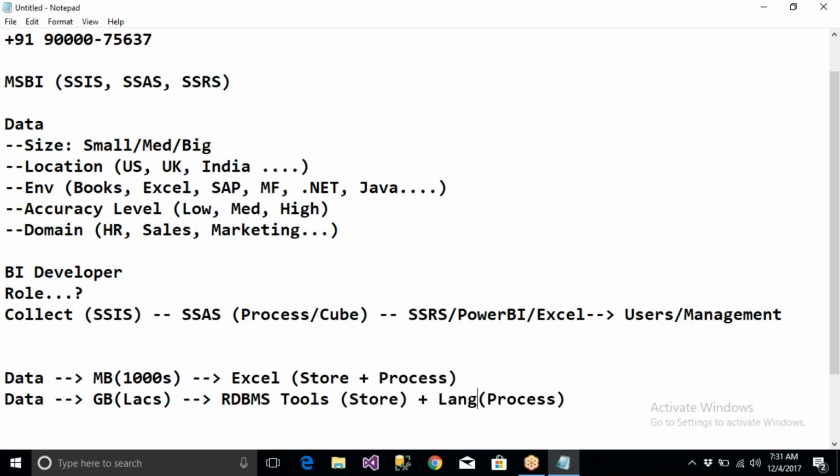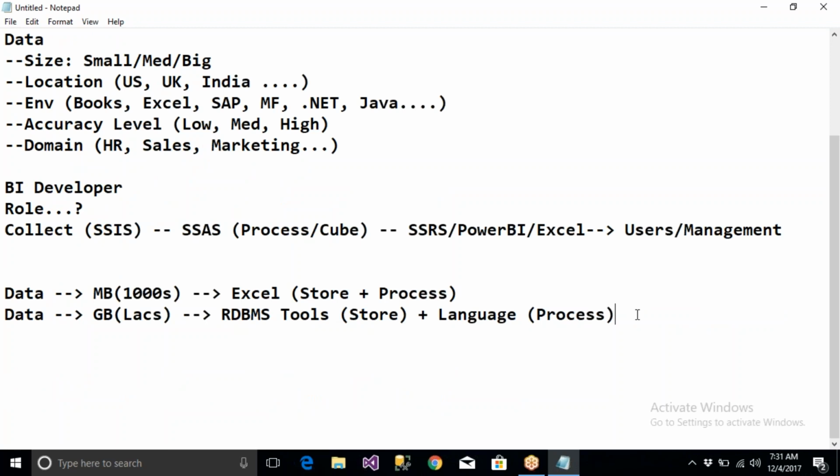the data. You have a lot of languages that you can use to process the data. We have Oracle and we have SQL Server, right? You have MySQL and you have IBM DB2 and IBM Netezza, and you have Teradata.